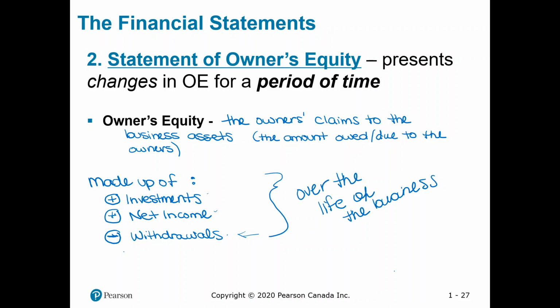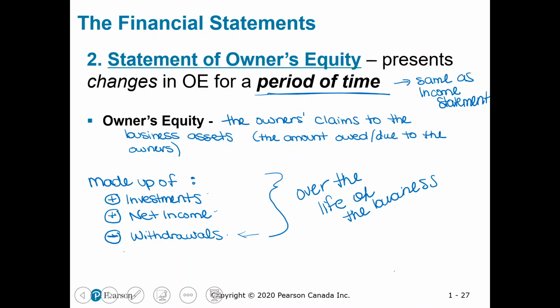Now for the statement of owner's equity that we're looking at, we're doing this for a period of time, and it's the same period of time as the income statement. So if an income statement's prepared for a year, the statement of owner's equity would be prepared for the same year. If it's done for a month, it would be prepared for a month.